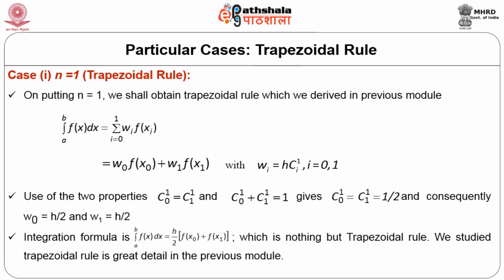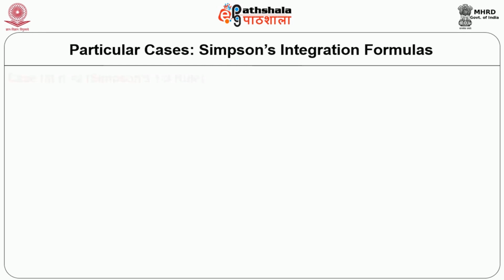We can use these two properties. 1C0 is the same as 1C1 and the summation of these two has to be 1. 1C0 plus 1C1 has to be equal to 1, and so we get 1C0 equal to 1C1 equal to half. And so the formula is integral a to b f(x) dx is h by 2, h is (b-a) by 2. So h by 2 into f(x0) plus f(x1), and that is the same as the trapezoidal rule which we had derived in our previous module from scratch.